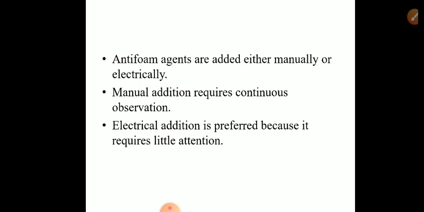So we prefer using electrical addition of antifoam agents because it requires little attention. As soon as foam is formed, automatically the antifoam agent is added into the vessel. Okay, so that is all about various equipments and antifoam agents.